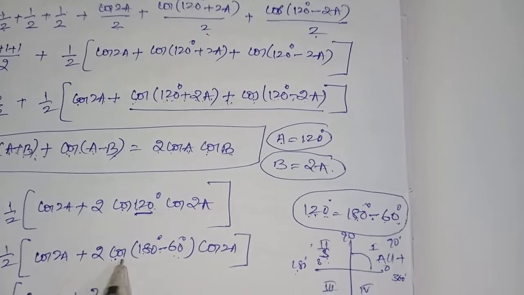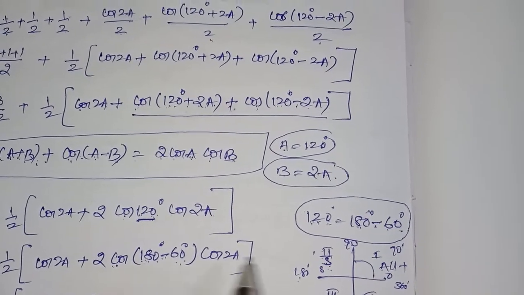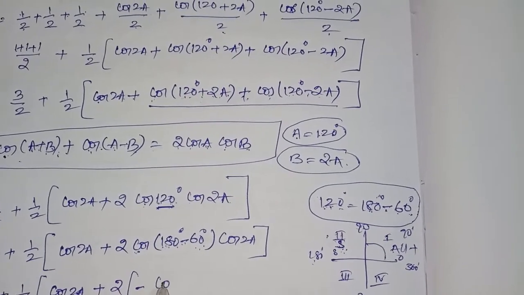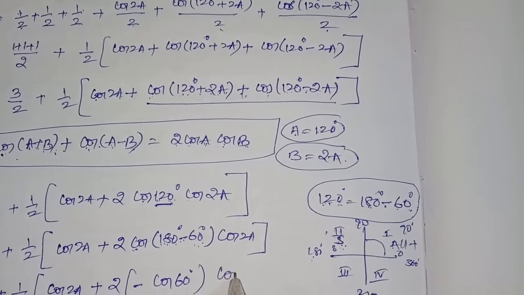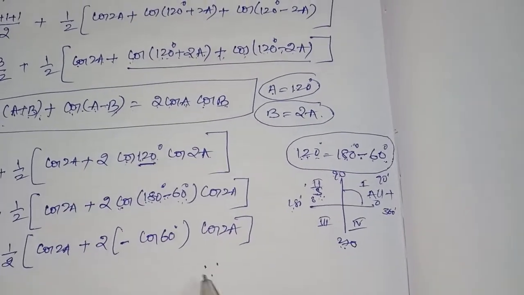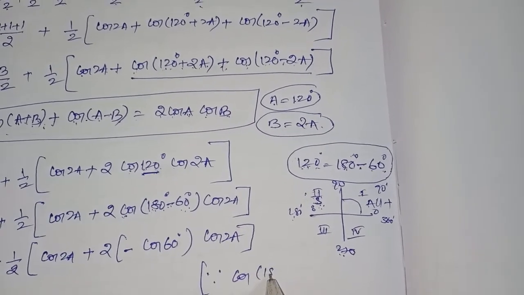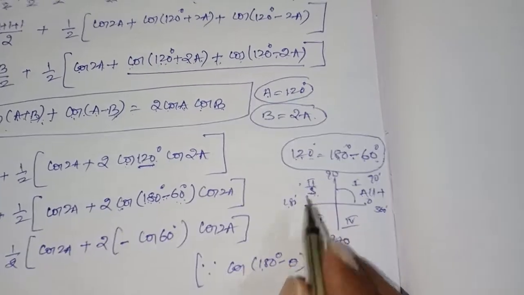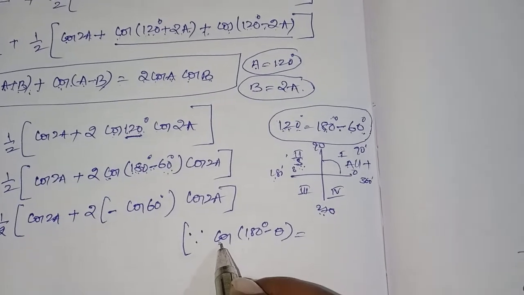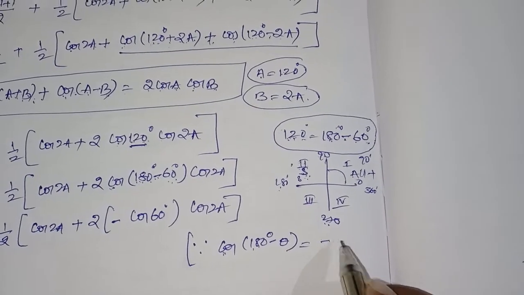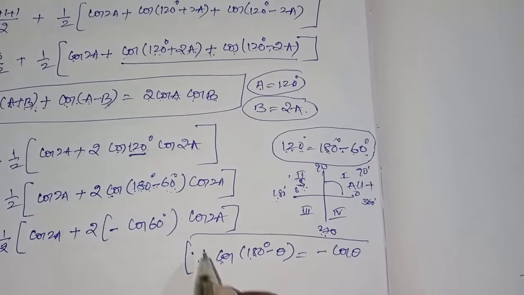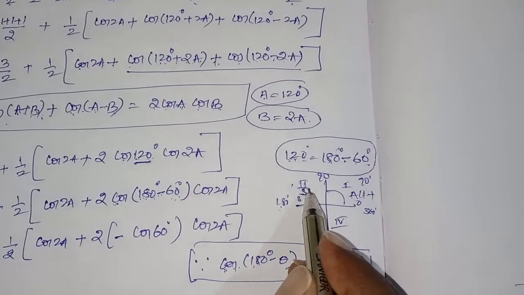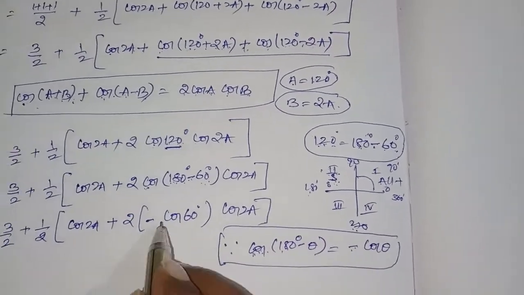So cos of 180 minus 60, this is in the second quadrant and this is cos, so this has the negative value, minus cos 60 degrees into cos 2a. See, cos of 180 minus theta, in the second quadrant, this is cos. So when we have cos and 180 degrees, you just write minus cos theta only, because cos in the second quadrant has negative value.